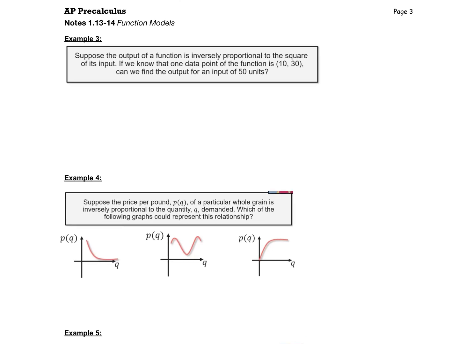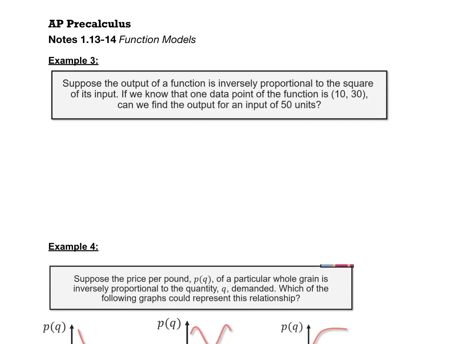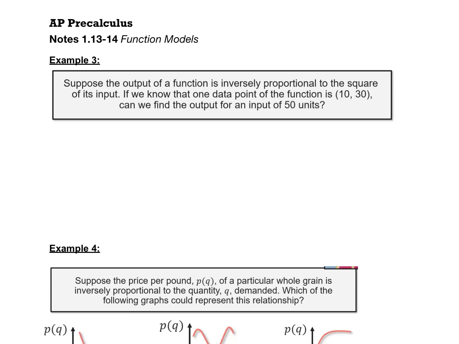All right, here we go. So let's look at this one. I like these. It says, suppose the output of a function is inversely proportional to the square of its input. If we know one data point of the function is (10, 30), can we find the output for an input of 50 units? Anytime we look at a problem like this, especially with things that are inversely proportional, the output, we'll call that y, is inversely proportional.